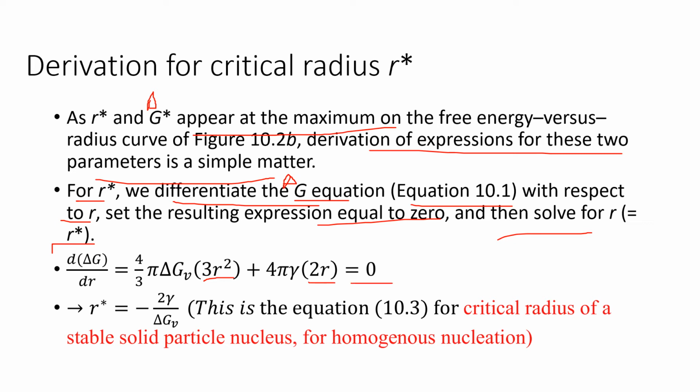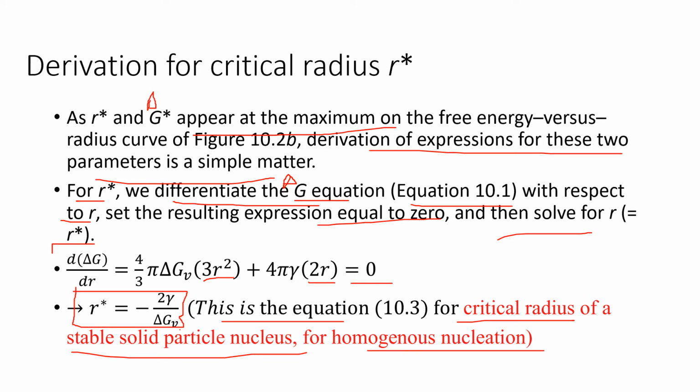After solving this equation, we get the relationship for the critical radius: r star is equal to minus 2 gamma over delta Gv. This is the equation for the critical radius of a stable solid particle nucleus for homogeneous nucleation, represented as equation 10.3. Later on we will use equation 10.3 for the derivation of delta G star.